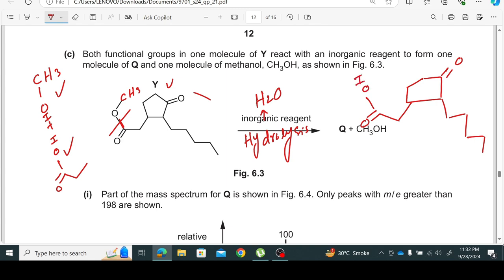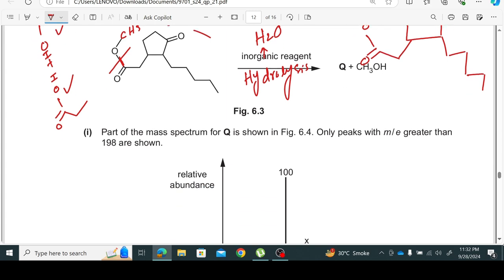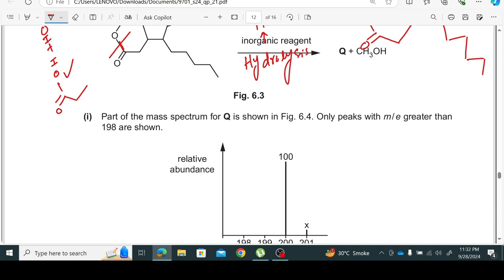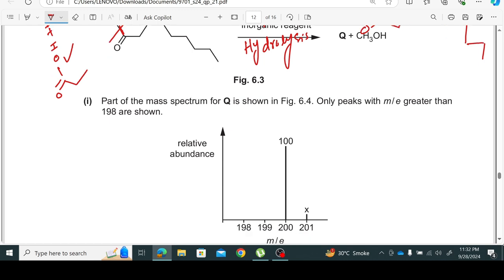Okay, so now next. I am solving past papers for many years, and I never saw a question like this. Part of the mass spectrum of Q is shown. Although it is in your book, I think it is the very first time this type of question appears.